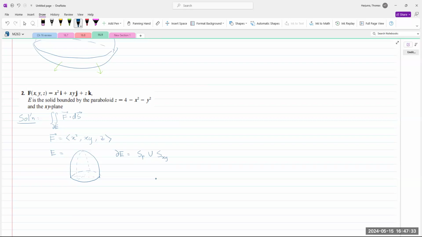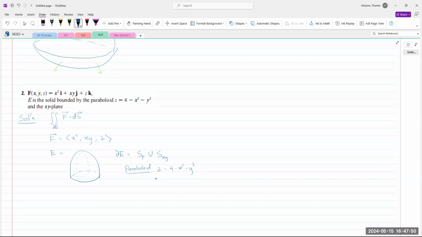Now for the paraboloid part, let z equal 4 minus x squared minus y squared.